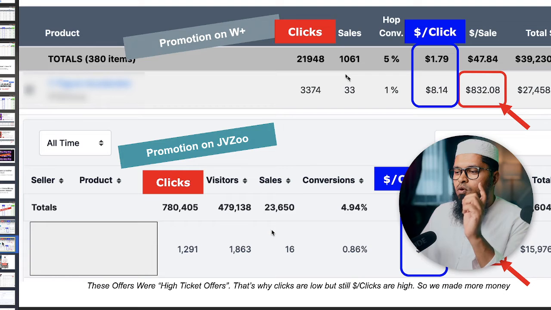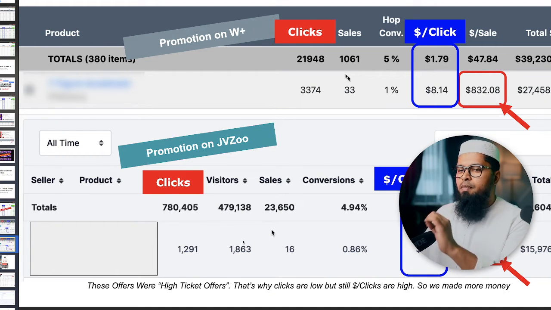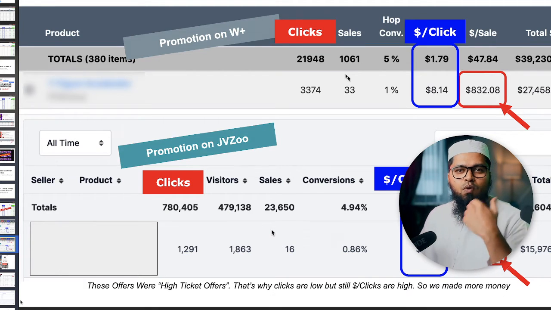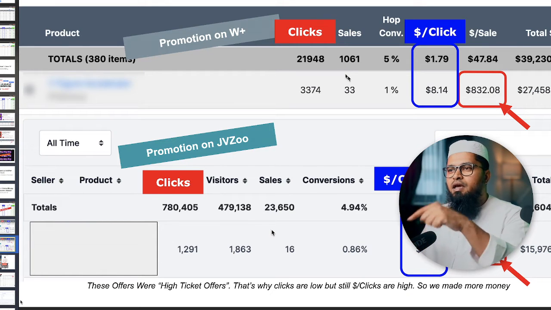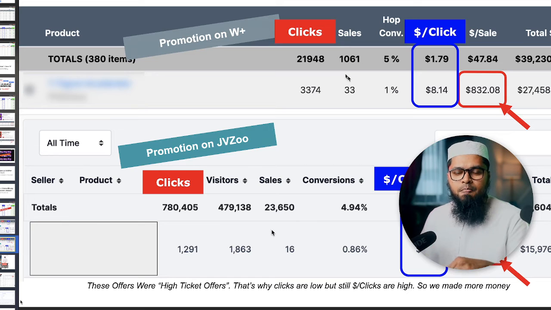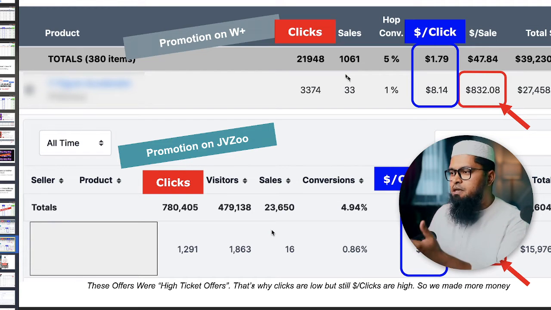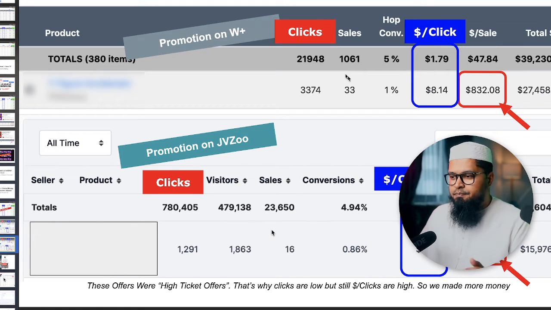And second thing was about cookie. It's a little advanced, so I don't want to confuse you about this. This is Warrior Plus and JVZoo. They have a cookie system. So I don't want to go deep into that. This cookie system is when people click your link and buy from you, you will earn commission. If that visitor doesn't buy from you and goes to another affiliate and clicks from their link, they will get the commission. It is pretty simple and universally accepted.